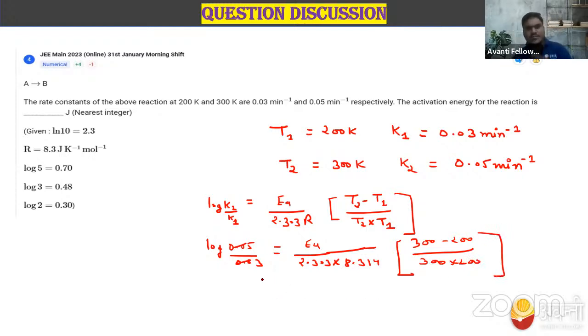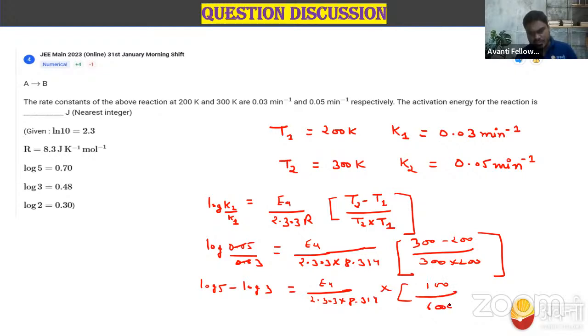So this is log 5 minus log 3, equal to Ea over 2.303 into 8.314, multiplied by 100 over 6,000, right?